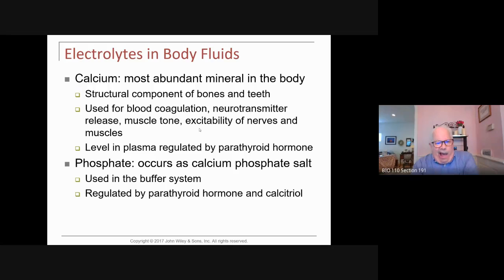You will find out in the endocrine system that it is regulated by hormones. You don't have to know the hormones. The 4 hormones you have to know all begin with A, and we went over them already. Phosphate. Wherever calcium goes, phosphate goes.